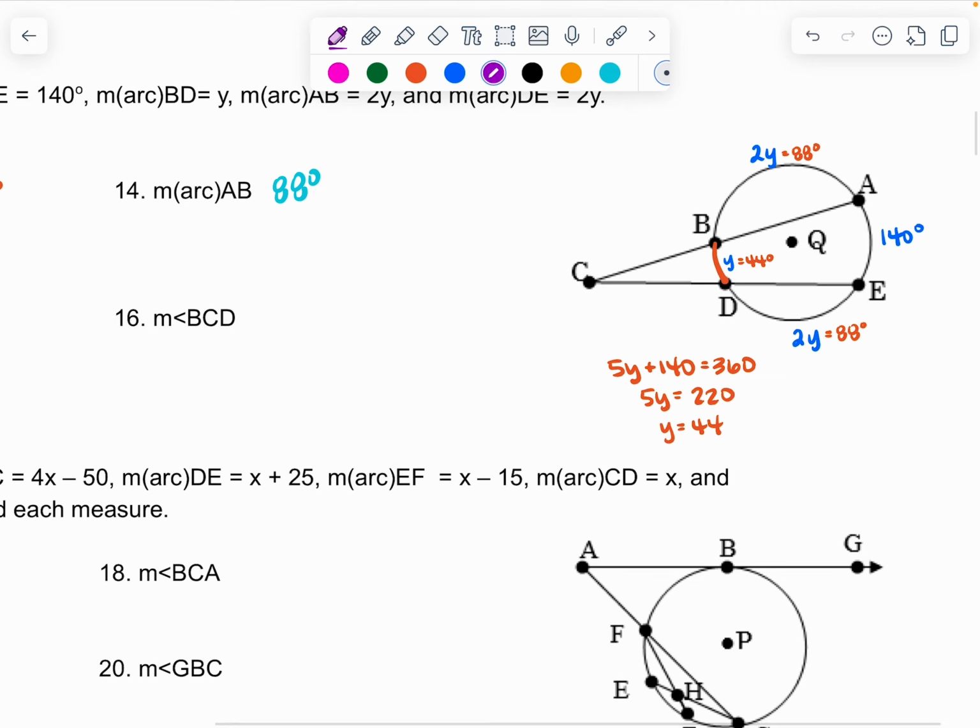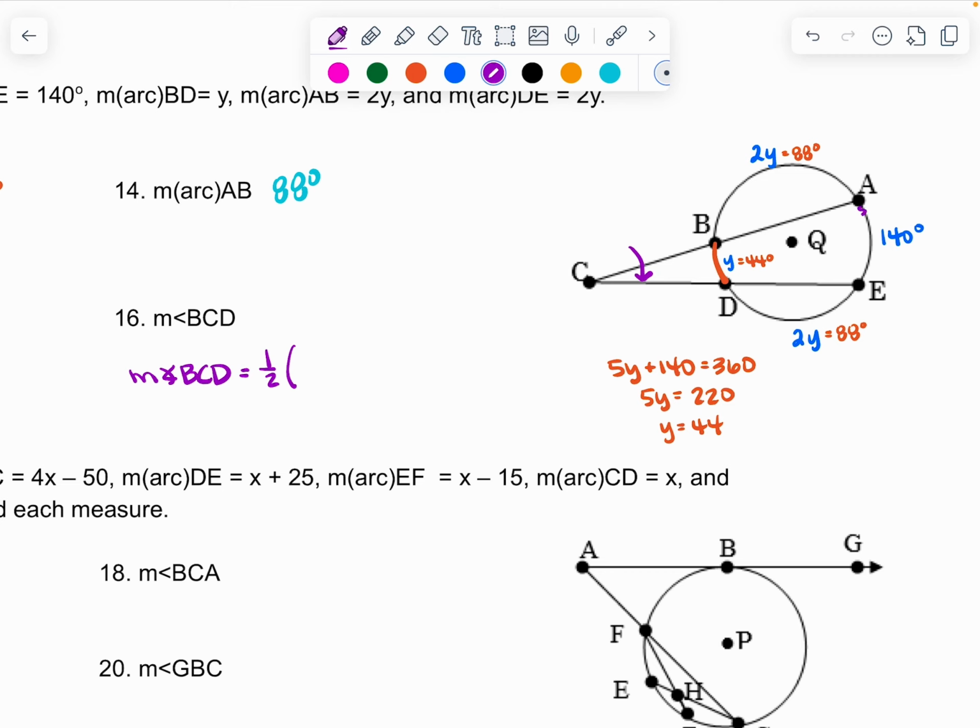And then the last one wants us to find the measure of angle BCD. So that's this guy right here. Once again, you have to ask yourself, is this angle inside the circle, on the circle, or outside the circle? And clearly this angle is outside the circle, meaning his vertex is outside the circle. So we're going to use the formula: the measure of angle BCD is half the difference of his intercepted arcs.